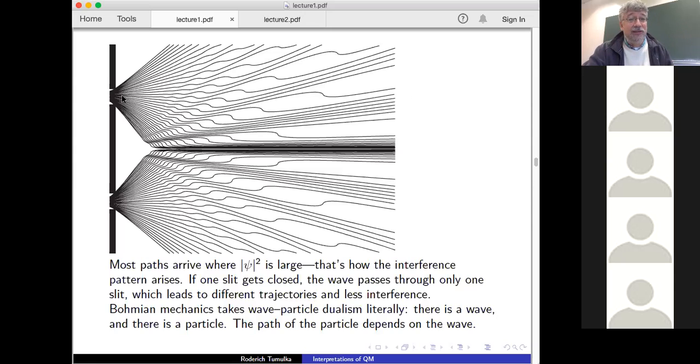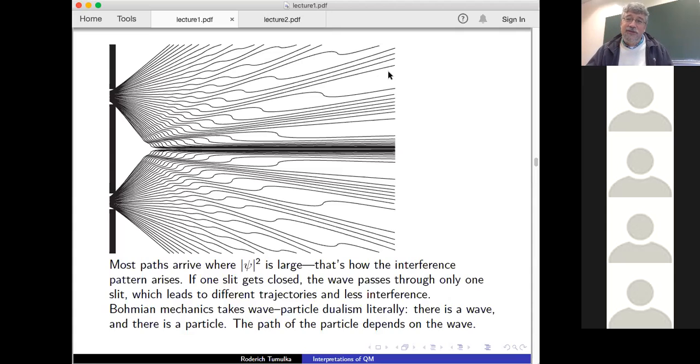In Newtonian mechanics, the particle would also pass through one of the slits and then move along a straight line. Maybe the straight line would not be completely horizontal, for some reason, I don't know, interaction with this screen. Maybe it would not go exactly horizontally, but it would go along a straight line, and then you wouldn't get any interference pattern.